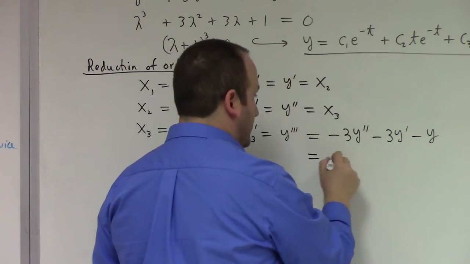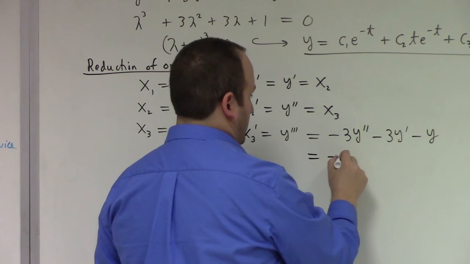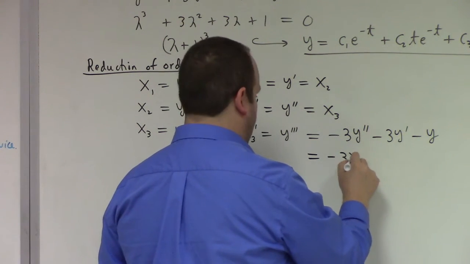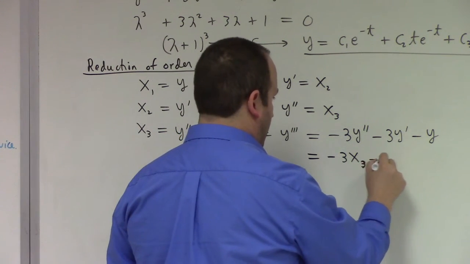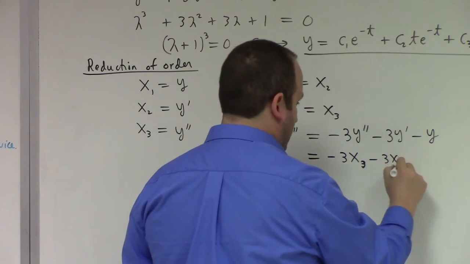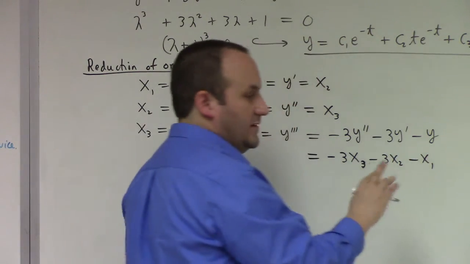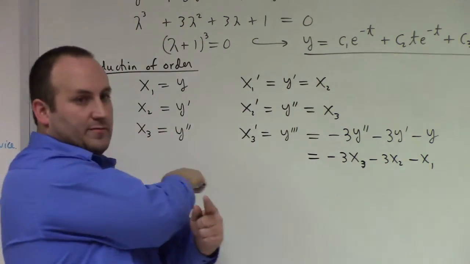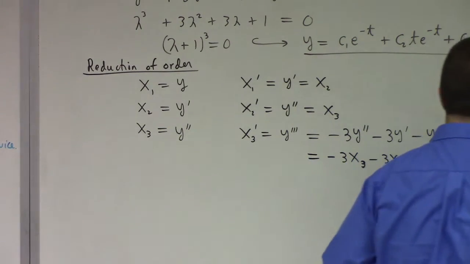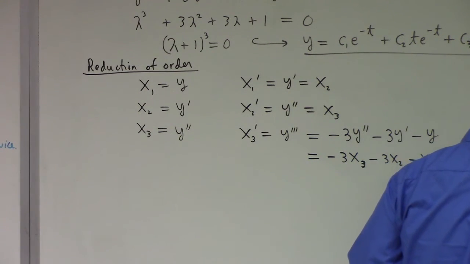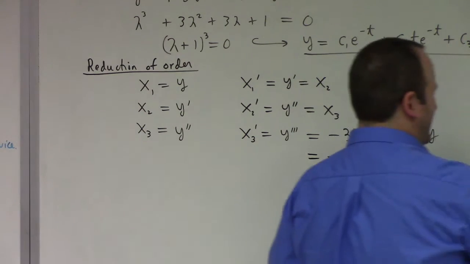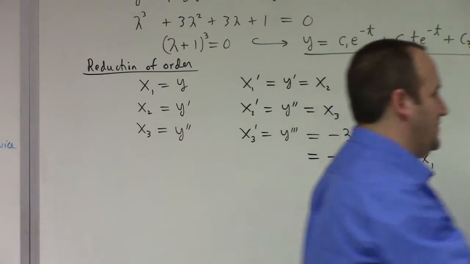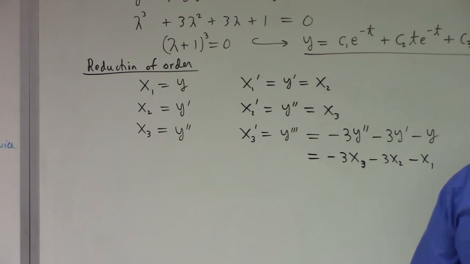What was this equal to? Negative 3x3 minus 3x2 minus x1. So the last row is minus 1, minus 3, minus 3. That's almost a companion matrix for us, right? If you transpose this matrix, you'd have a companion matrix.